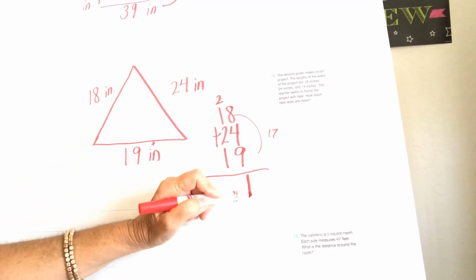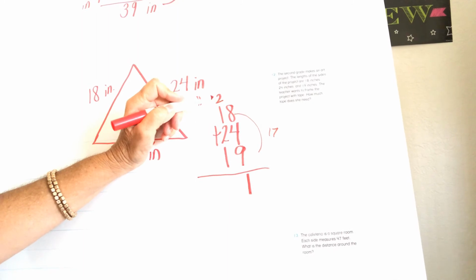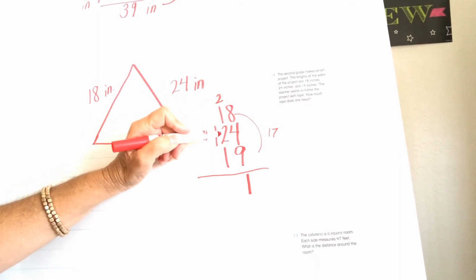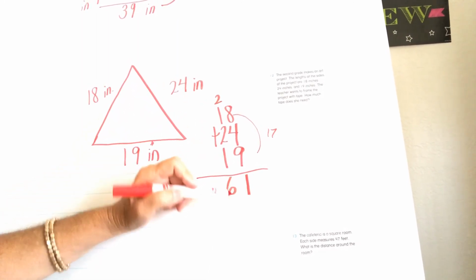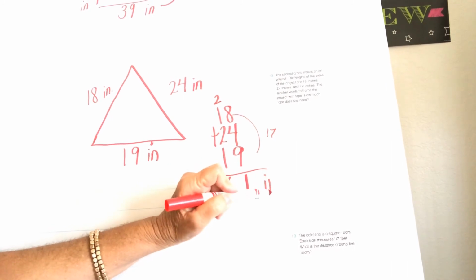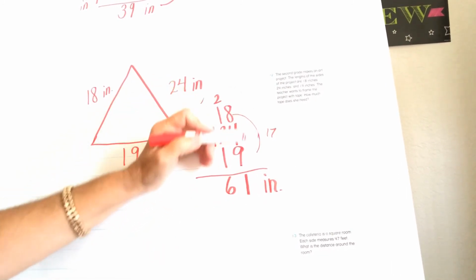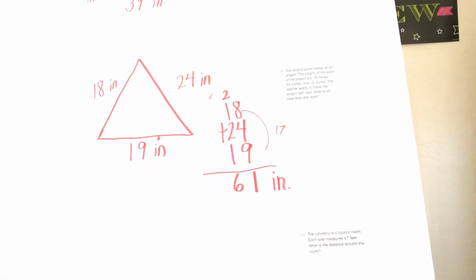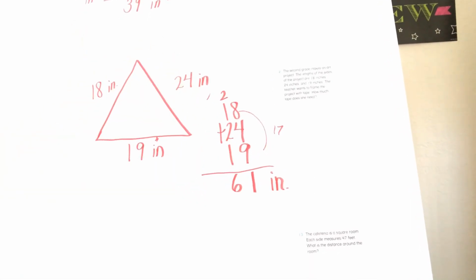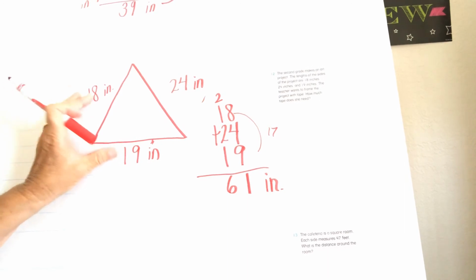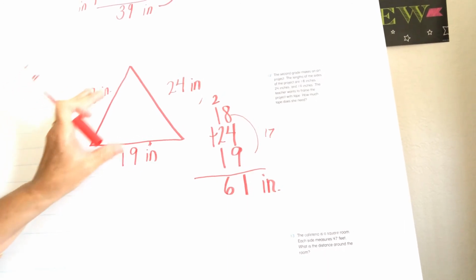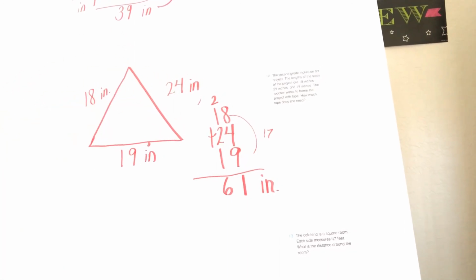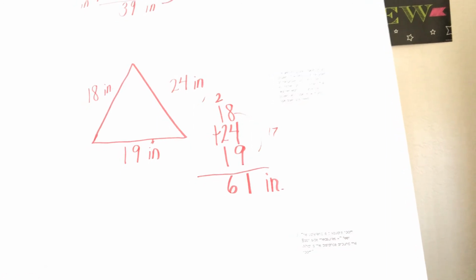So I'm going to put the 1 down and regroup the 10s. 2, 3, 4, 5, 6. So my answer would be 61 inches. I don't suggest really, you guys, that you try to add all 3 numbers at one time. It worked out for me here, but you probably want to add 2, get an answer, and then add 1 more.